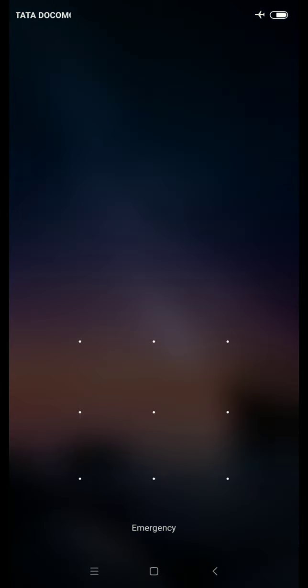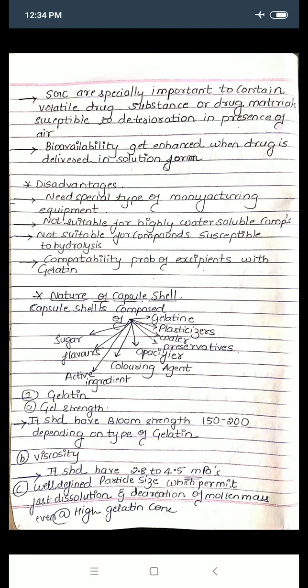Second point, that is plasticizers. These are added to make the shell elastic and malleable. It also minimizes brittleness and cracking. If you use plasticizers, the brittleness and cracking is prevented.